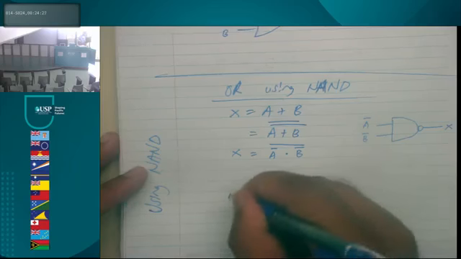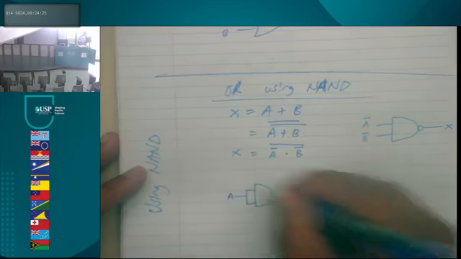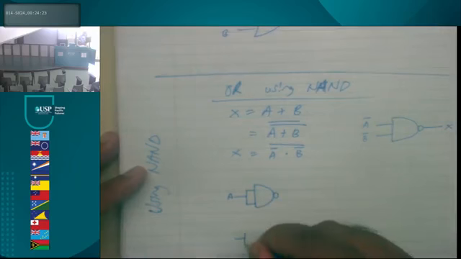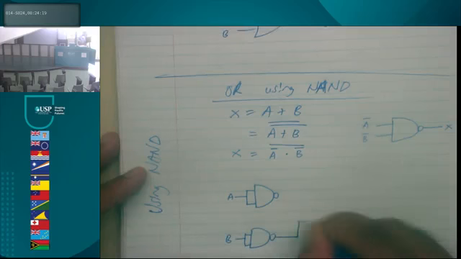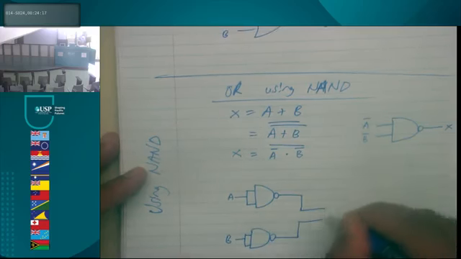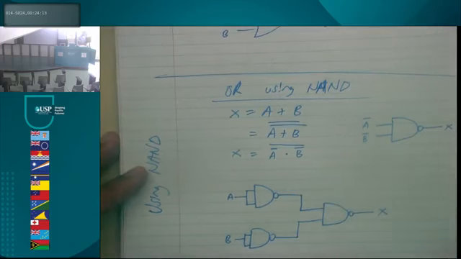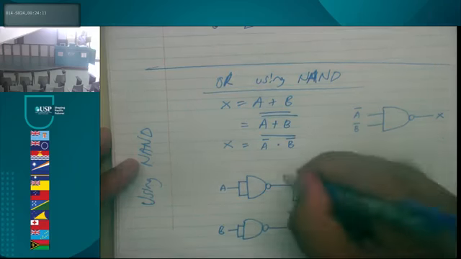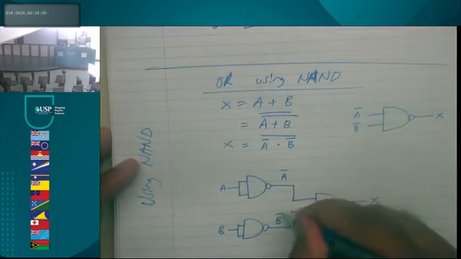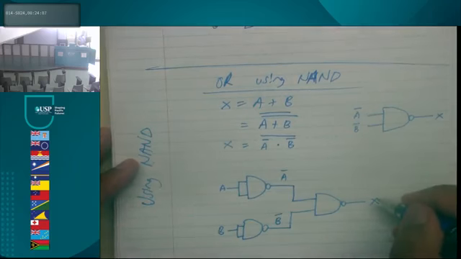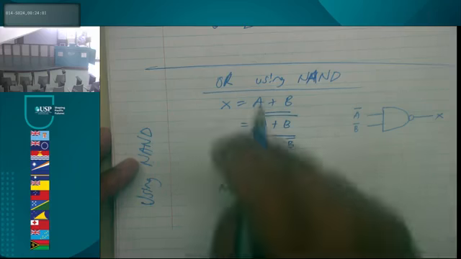How do we get an A bar? So X is equal to this.